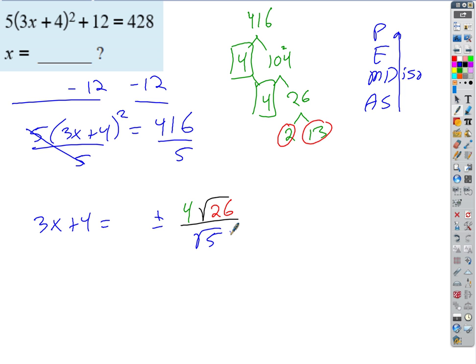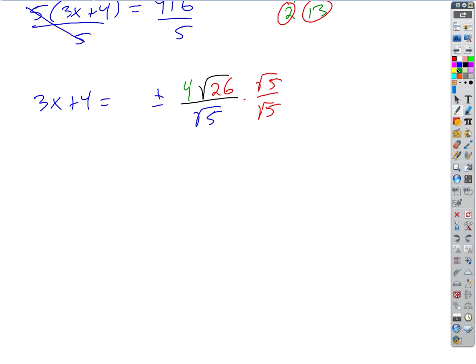What's going to be our recipe for rationalizing the denominator? Times square root of 5 over square root of 5. Okay, and then we end up getting what? 3x plus 4 equals plus or minus 5 on the bottom. What are we getting on the top? 4 times the square root of 26 times 5.